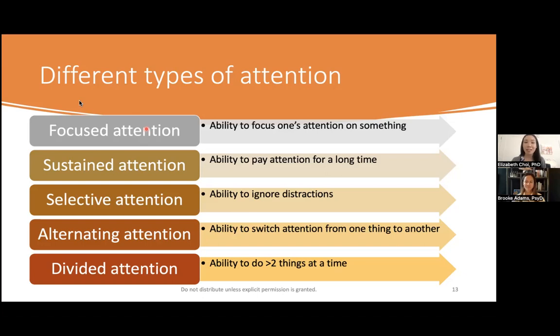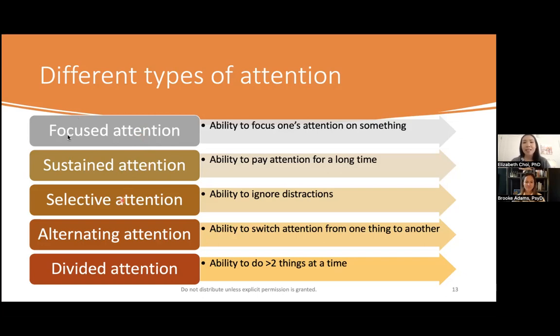Or is our mind somewhere wandering, what to have for dinner or what to have for lunch with my colleague tomorrow? So that's one example of focused attention. Sustained attention is the ability to pay attention for a long time. So for example, am I still focused when I'm 20 minutes into this webinar today? Do I notice my mind drifting away after 10 minutes?